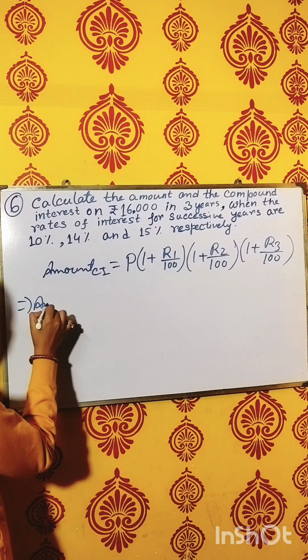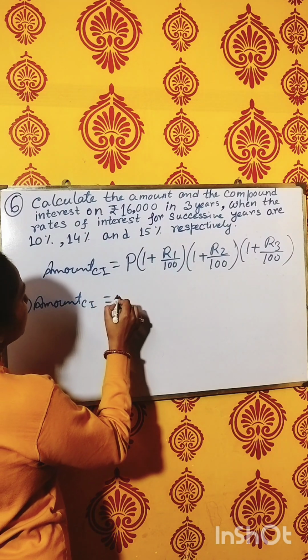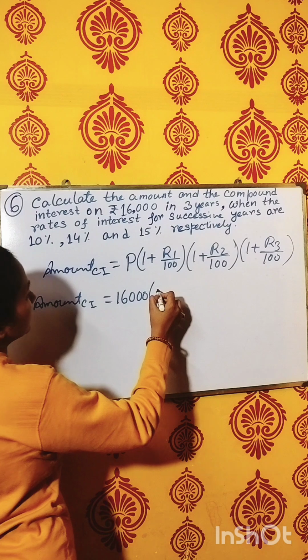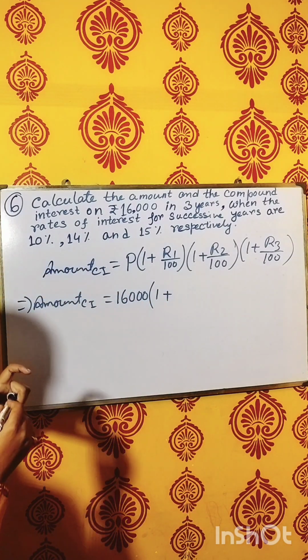Therefore, amount in CI is equal to, principal will be 16,000. Okay, 1 plus, here R1 is equal to 10 percent.